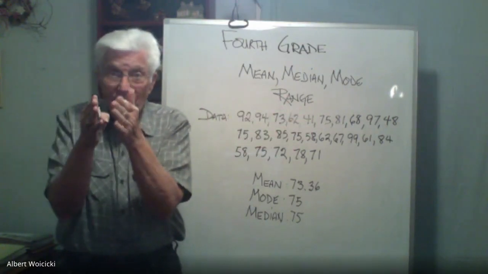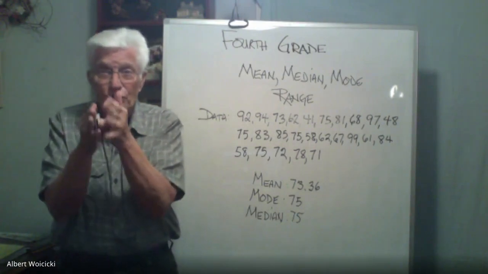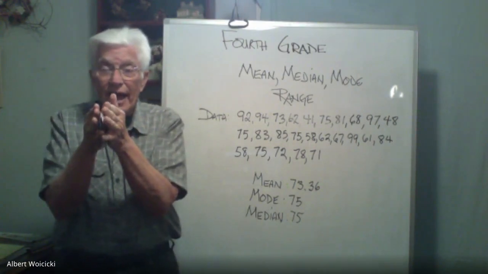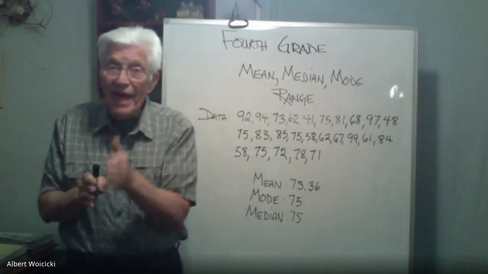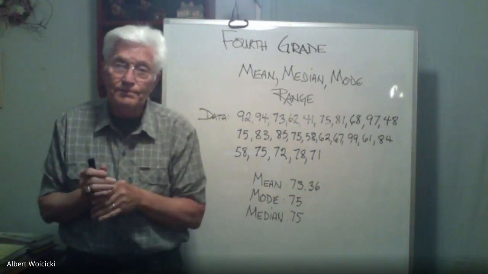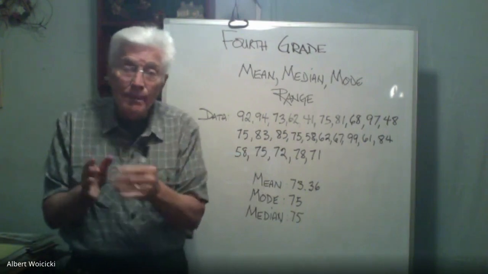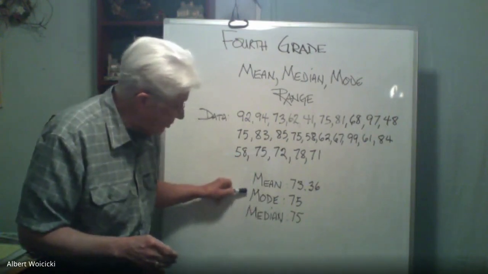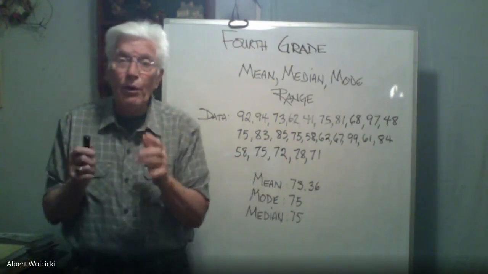And right there in the middle, you take the two middle numbers, add them together, and divide by 2. That becomes your median. Your median and your mean and your mode are really important.